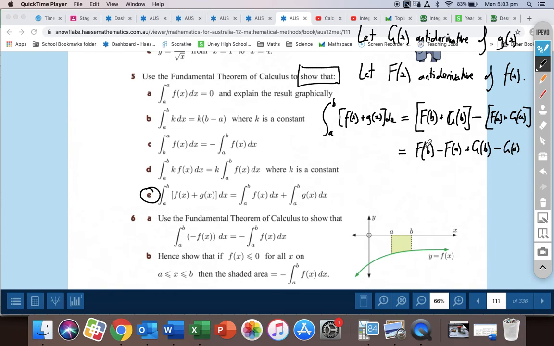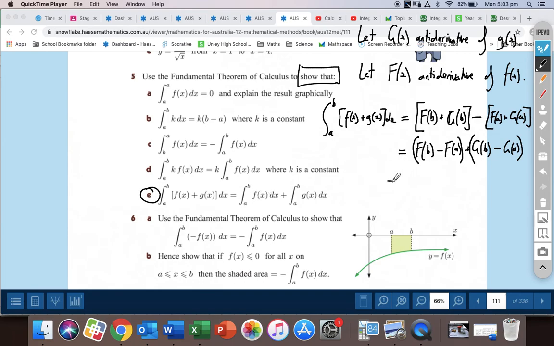Now I'm going to do something ever so slightly sneaky. I'll put some little brackets around that one and some brackets around this one, because what I'm trying to do is separate the two integrals. So this here is the integral of just the f of x. I had a look where I was going before I started the problem.